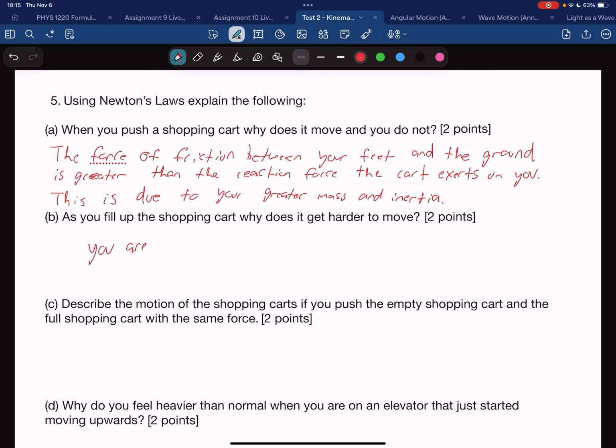You are increasing its mass and therefore its inertia also increases.